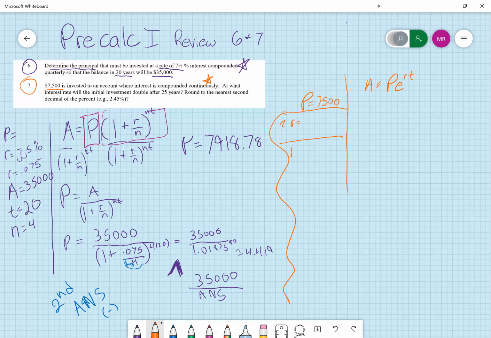So I need my amount to be double 7,500. 2 times 7,000 is 14,000, and 2 times 500 is 1,000, so all total it's going to be 15,000. The time is 25 years, T equals 25, and round to the nearest decimal of a percent.